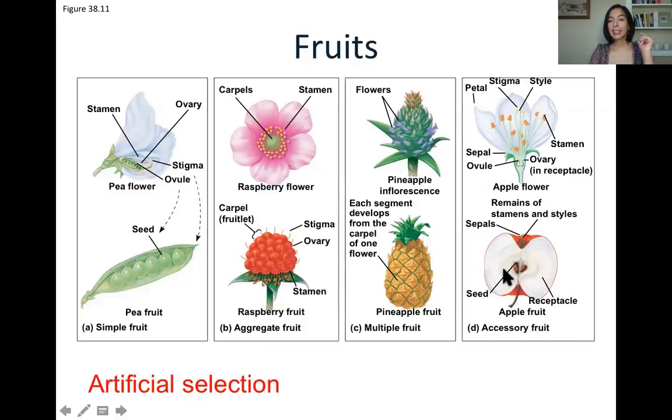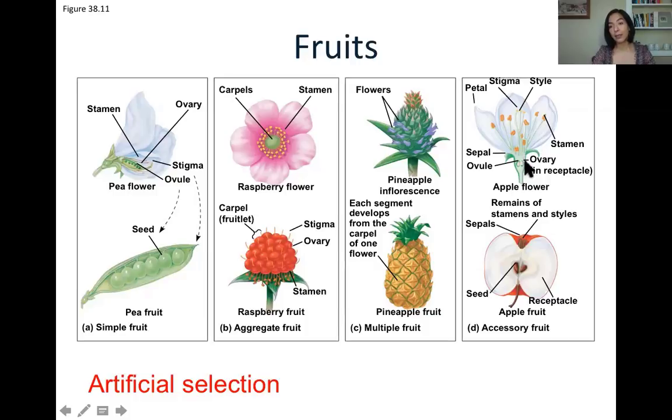In this example, the accessory fruit is when the fleshy part of the fruit, as in the apple, is the result of a structure other than the ovary. The ovary is right here in this flower, but the part that we actually eat in the apple comes from the receptacle. If you remember, the receptacle is the structure to which the ovary, the stamen, the pistil, and the petals and sepals get attached.